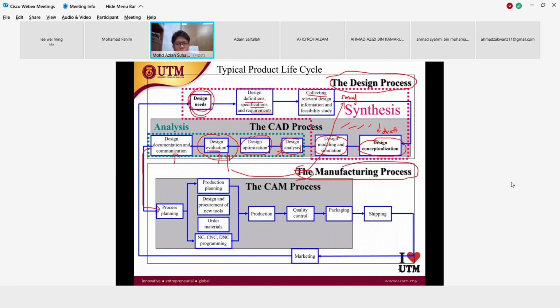So in the CAM process, you plan how to manufacture it. The CAM process helps ease your manufacturing processes. For example, production planning: how many machines you want to use, what cutting tool you want to use, what different tools you need, what size, in order to order material, and others, even the programming itself.